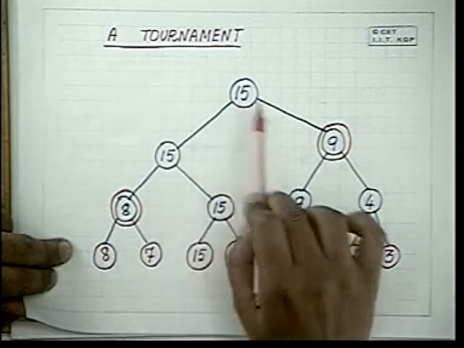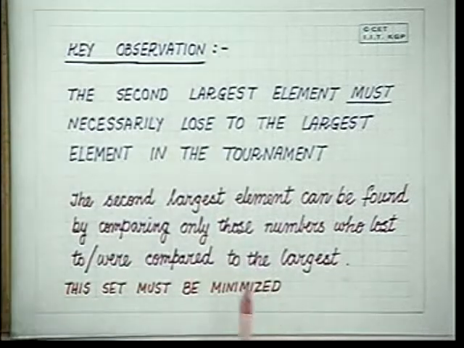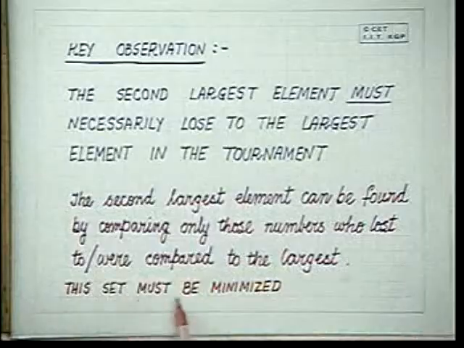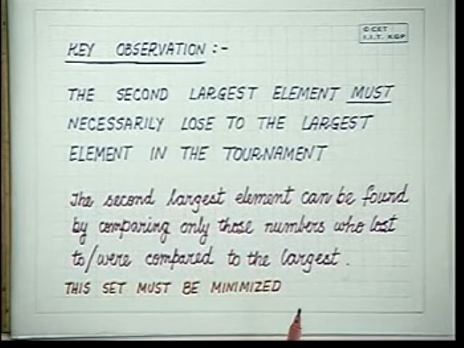You must have lost somewhere in the full tournament. And what do we want to do? Finding out the maximum of n numbers will require n minus 1 comparisons. We must minimize this set to find out the second largest.